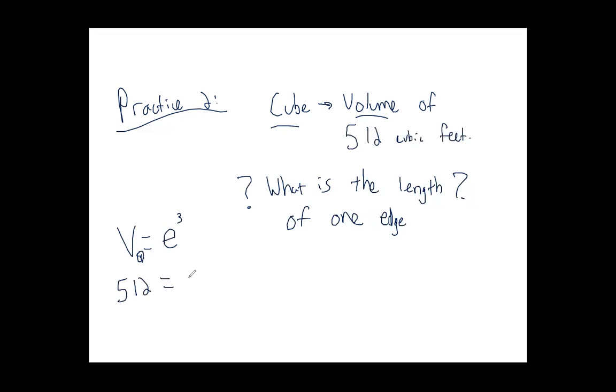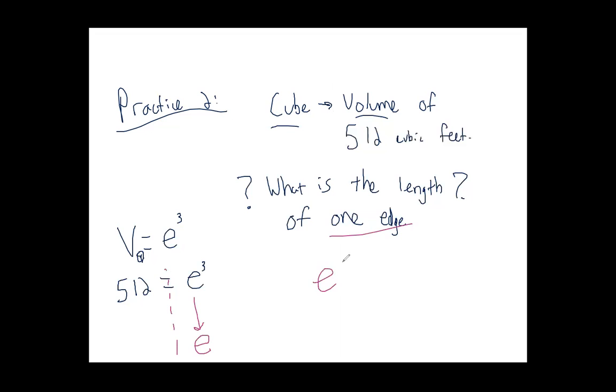And that's equal to edge to the third. Now what do we have? We have algebra. It always comes back and finds us. I don't need to know what edge to the third is. I need to know one edge. So I need to get from edge to the third to edge.